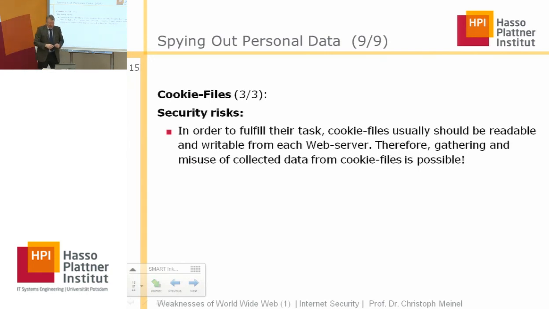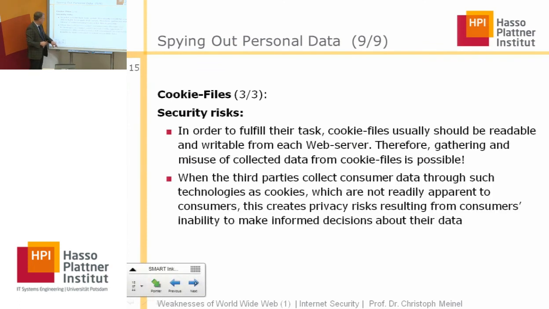Therefore, gathering and misuse of collected data from cookie files is possible. For example, when a third party collects consumer data through technologies like cookies, which are not really apparent to consumers.